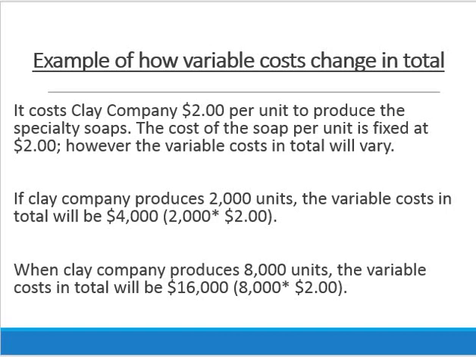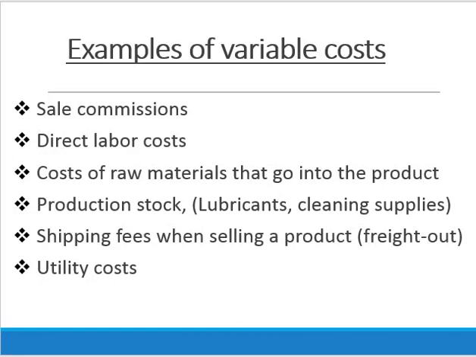So the more you produce, the more expensive your variable costs will be. The less you produce, the less in total your variable costs will be. One more time, variable cost per unit will not change.